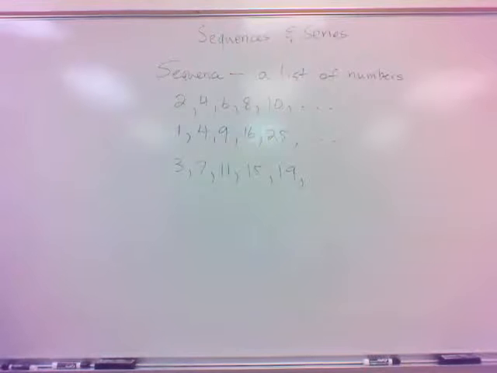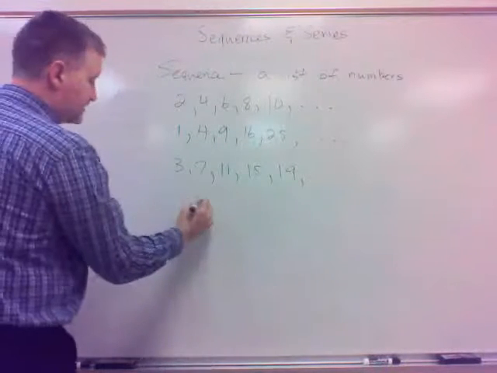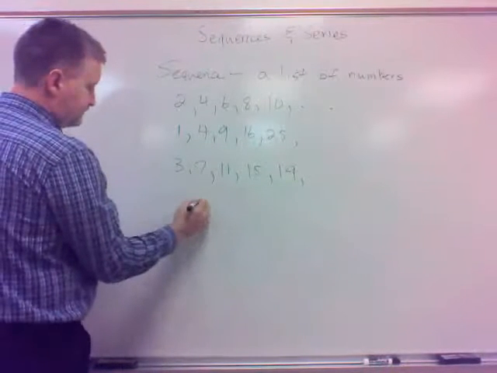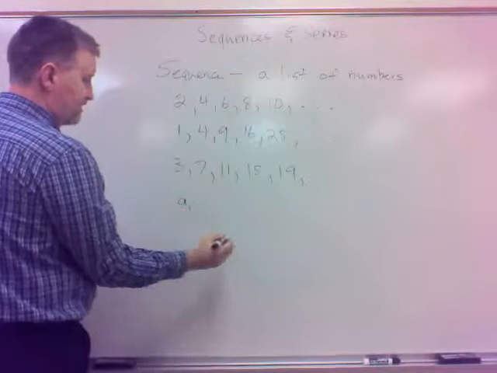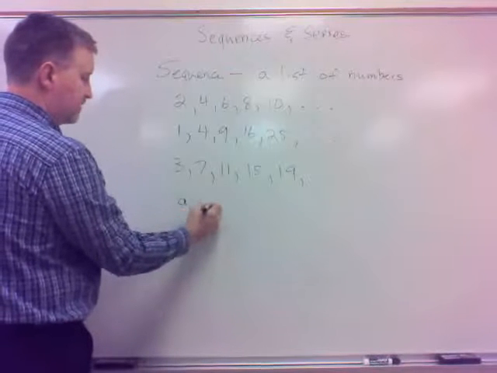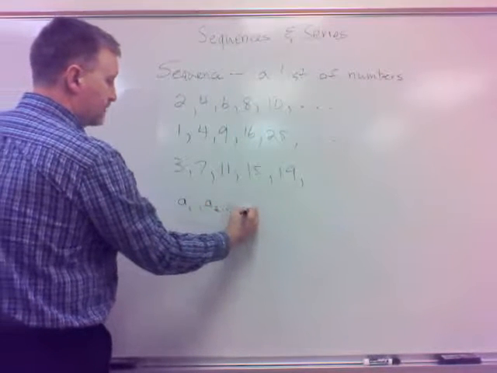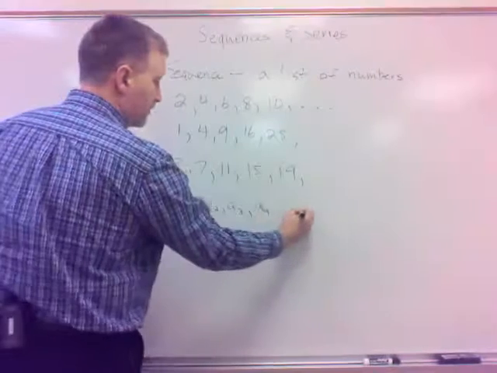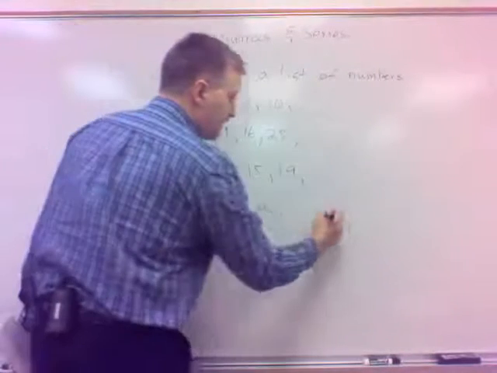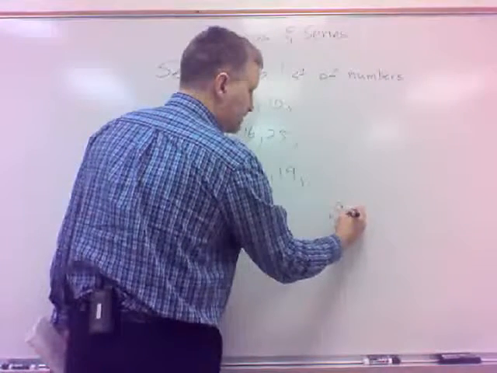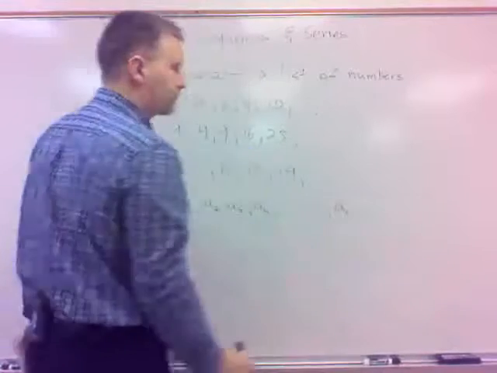Now in general, for a sequence, we say the terms are a sub something. You have a sub 1, a sub 2, a sub 3, a sub 4, and so forth and so on. And then the nth term is the general term out there.